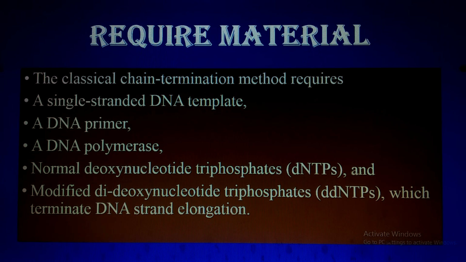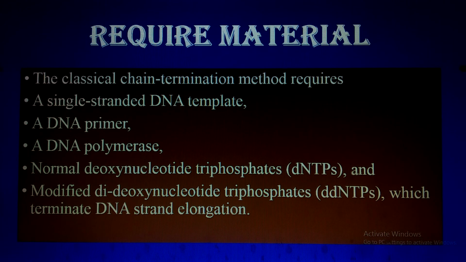Number 1, a single stranded DNA template, which is of unknown sequence. Number 2, the DNA primers. Number 3, the DNA polymerase, and the DNA polymerase here is Taq polymerase. You are familiar with that, which helps in the formation of the double stranded DNA.